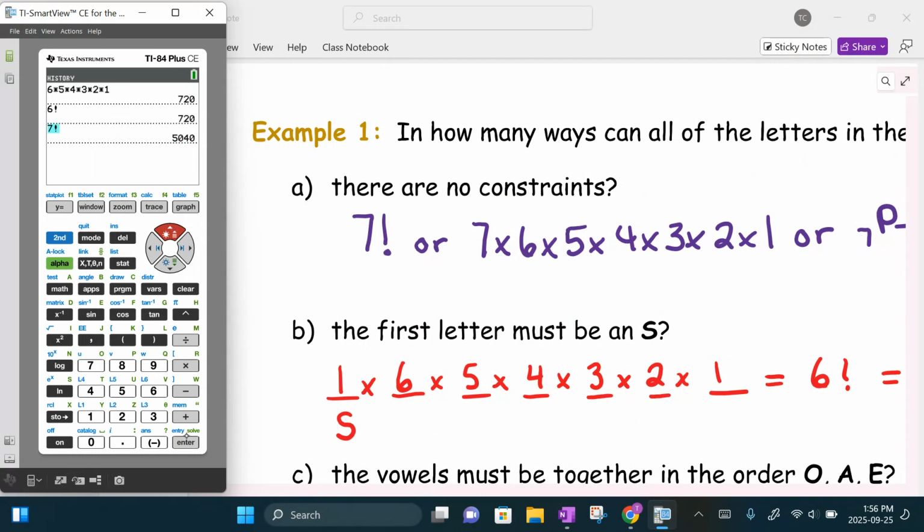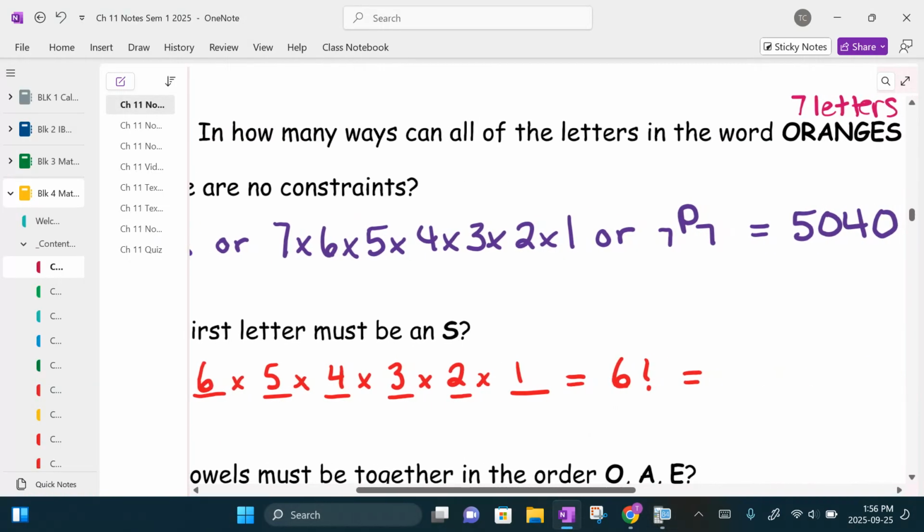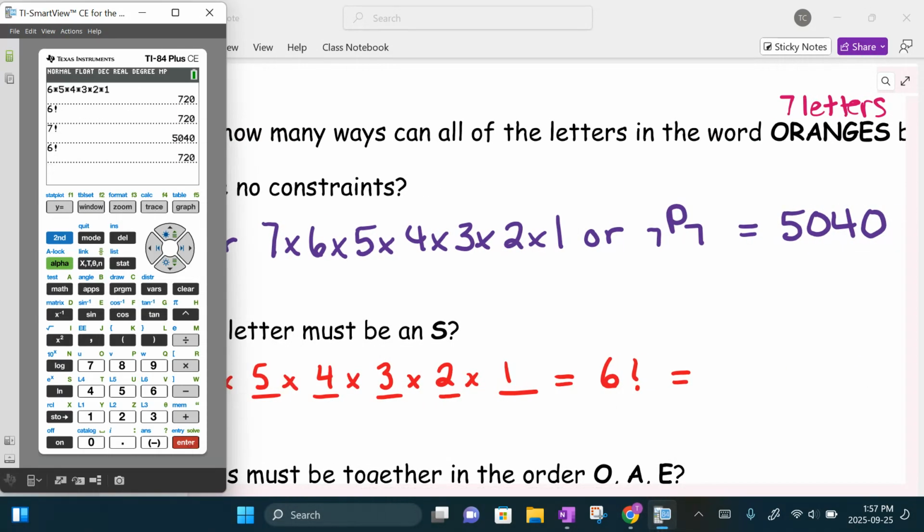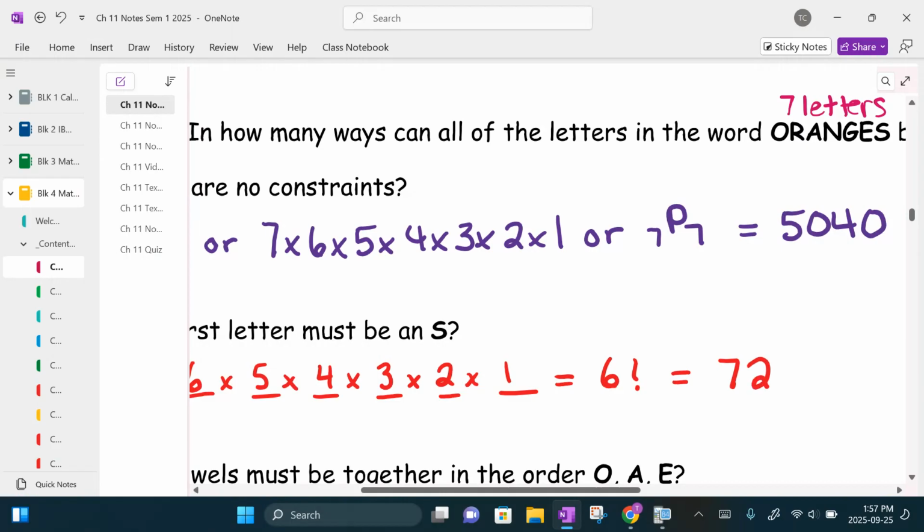If you have the newer operating system, you can just cheat, go grab the 7 factorial and replace the 7 with a 6. Just saves you a little bit of space on the calculator. So 720.